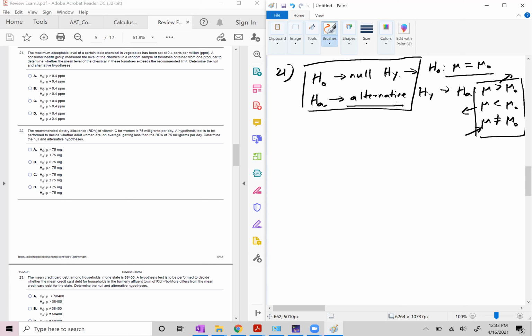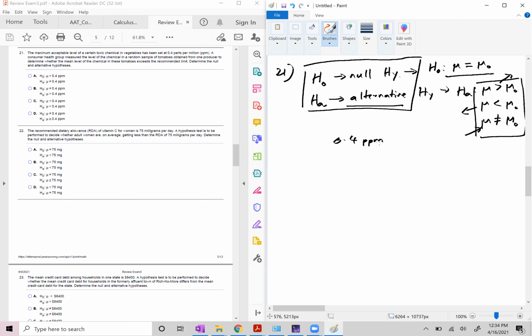For example, if you read this question, right? Now, there is a certain amount of toxic levels that tomatoes can have without harming our body, right? So they say it's 0.4 parts per million. Okay. So the government or the CDC, maybe someone, recommends it's okay to have 0.4, but not more than that. Now, what is this consumer health group trying to do?